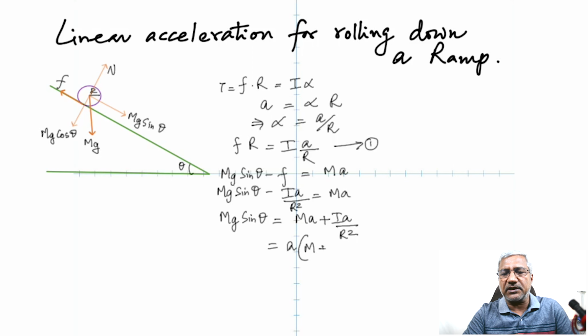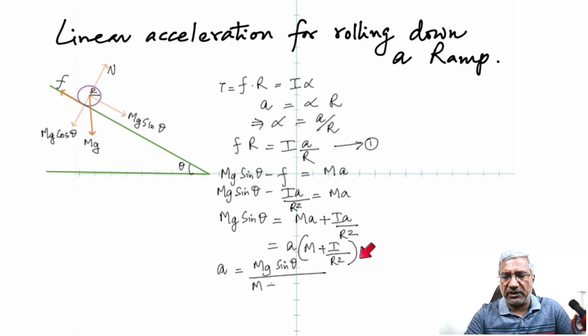And that will give us a times m plus I by R squared. And on the left-hand side, we have mg sine theta. Now we can make a the subject and get our formula. a is therefore mg sine theta, whole divided by this quantity, m plus I by R squared.